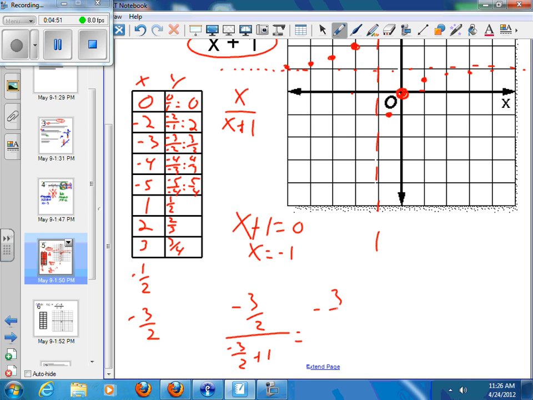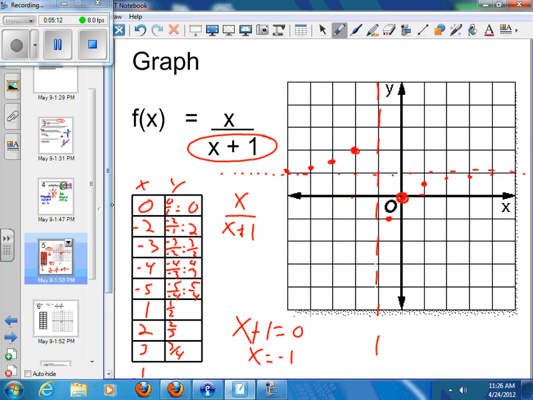Negative 3 halves plus 1 would be negative 1/2. Remember, when you divide, you flip and multiply, so it's negative 3 halves times negative 2 over 1. So this would be a positive 3. And if I go up and graph that, my positive 3 would be here.